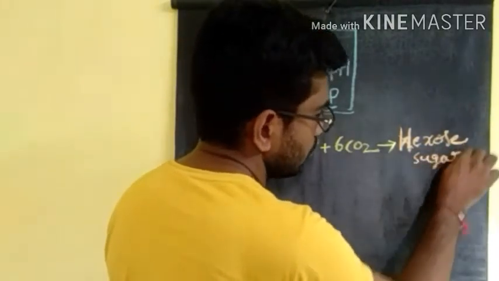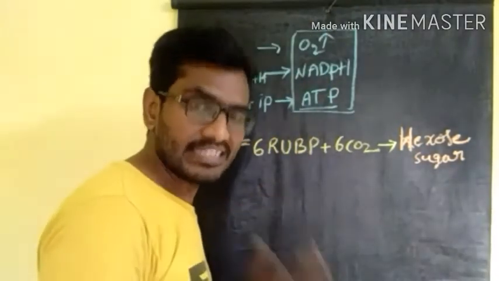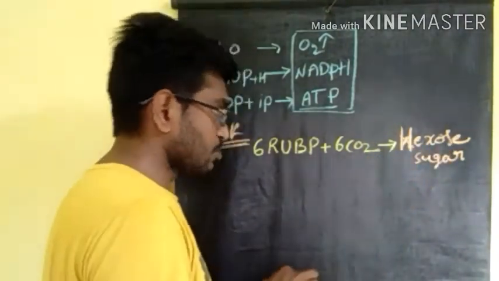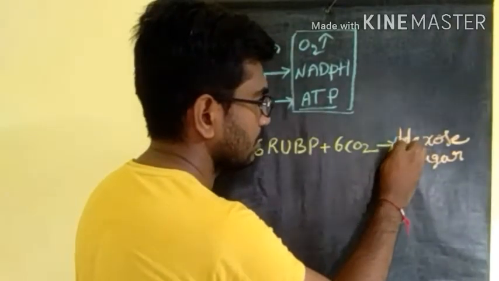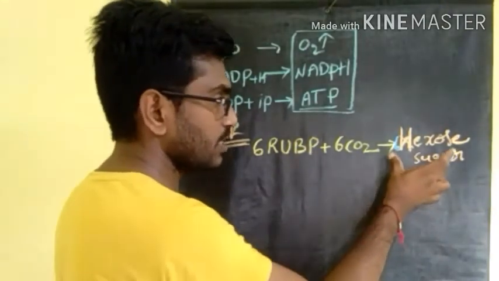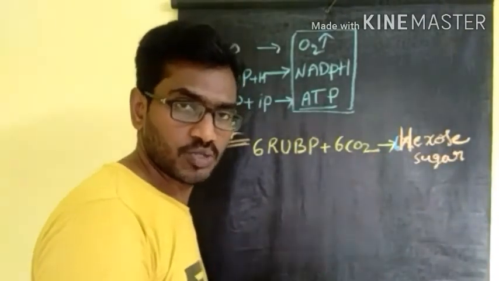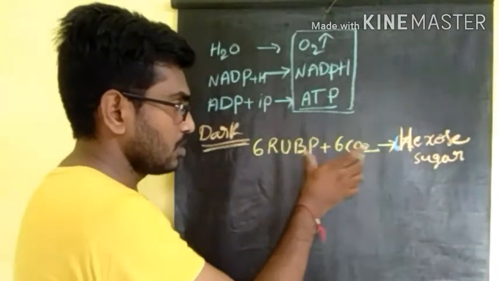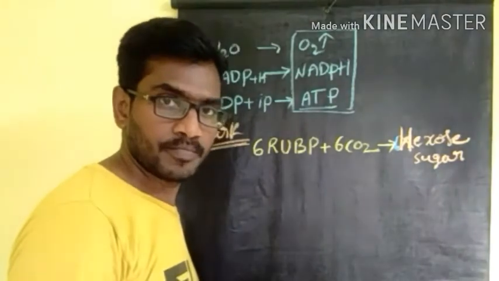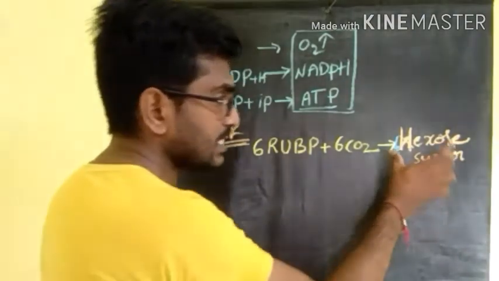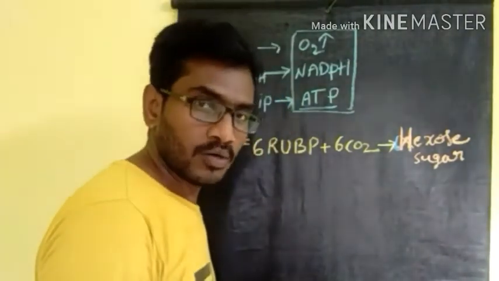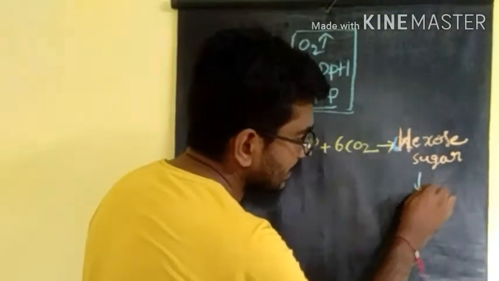This hexose sugar is highly unstable. One molecule of hexose sugar contains 6 carbons, and 6 molecules of hexose sugar will form as a result of the reaction between RUBP and carbon dioxide. As it is highly unstable, it immediately converts to a 3 carbon compound called phosphoglyceric acid.